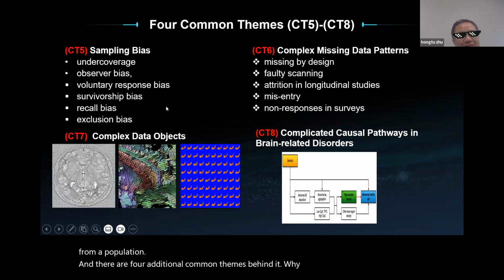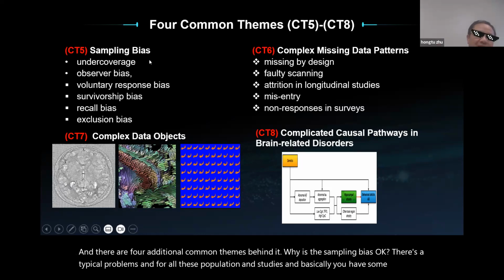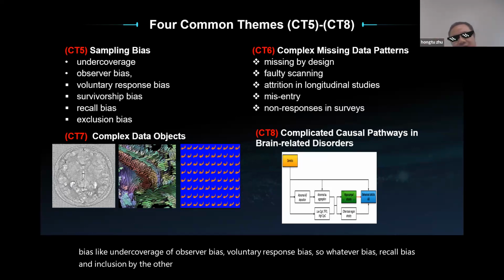One is sampling bias. Okay, it's a typical problem for all these population studies, and basically you have some sampling bias like undercoverage, observer bias, voluntary response bias, survivorship bias, recall bias, and inclusion bias. Those are the kinds of sampling bias issues when you practice and when you collect the data.